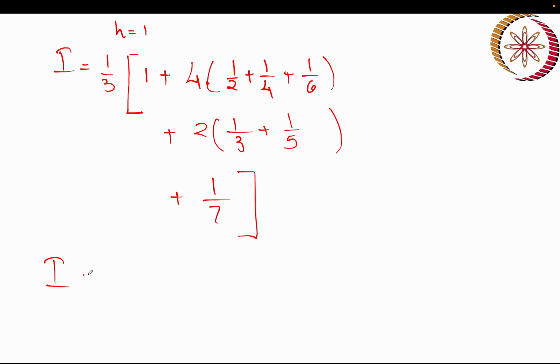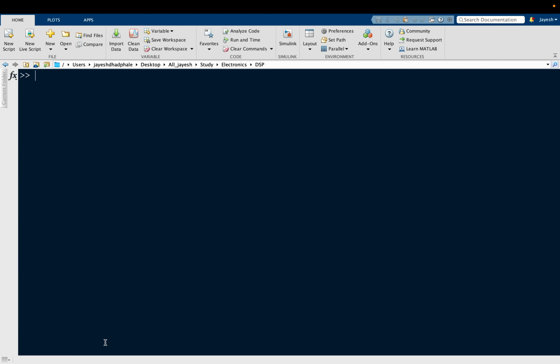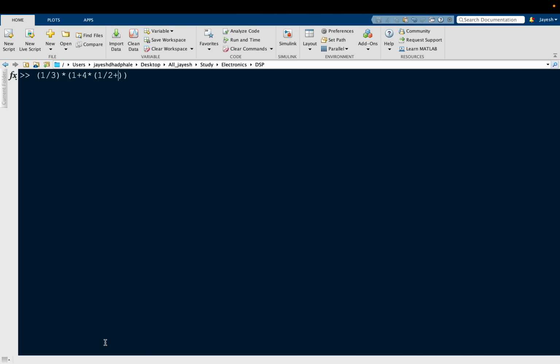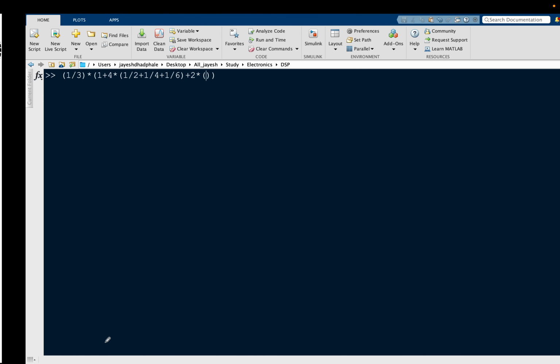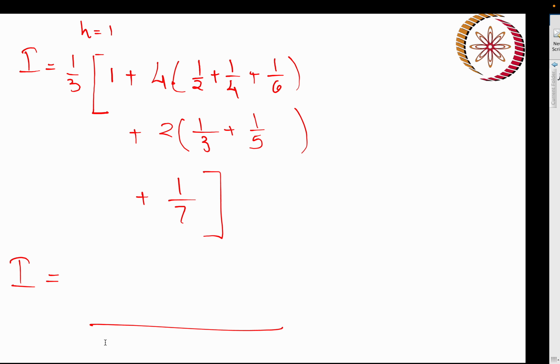So we'll get the value if we calculate. I will write it: it is 1 by 3 into 1 plus 4 into (1 by 2 plus 1 by 4 plus 1 by 6) plus 2 into (1 by 3 plus 1 by 5) plus 1 by 7.